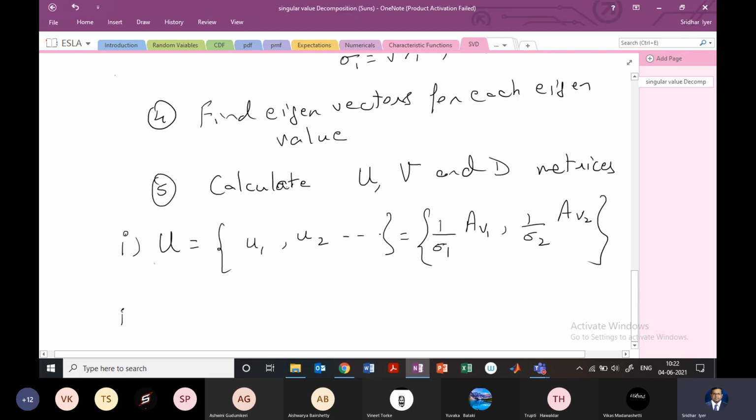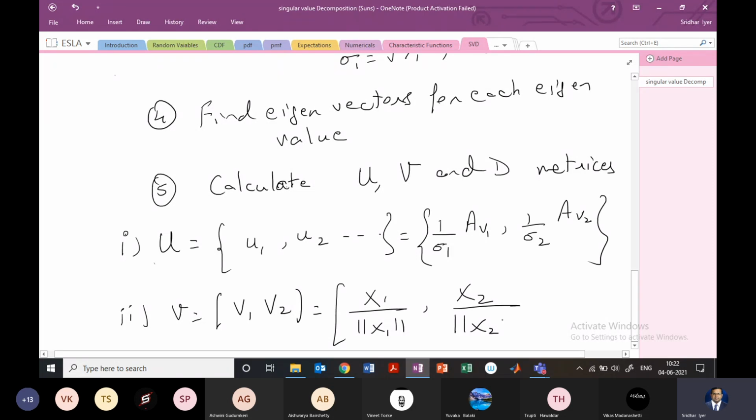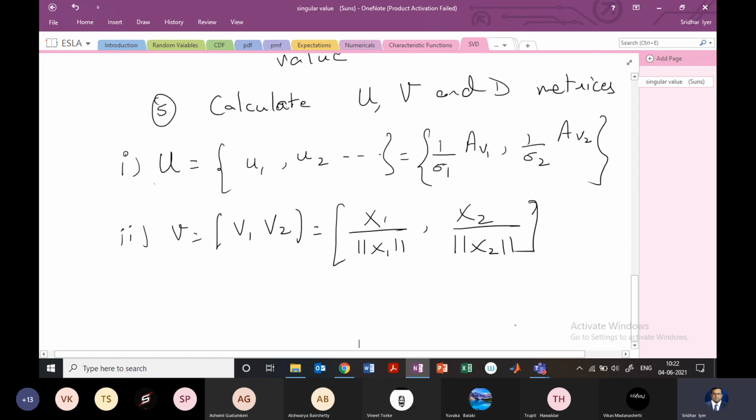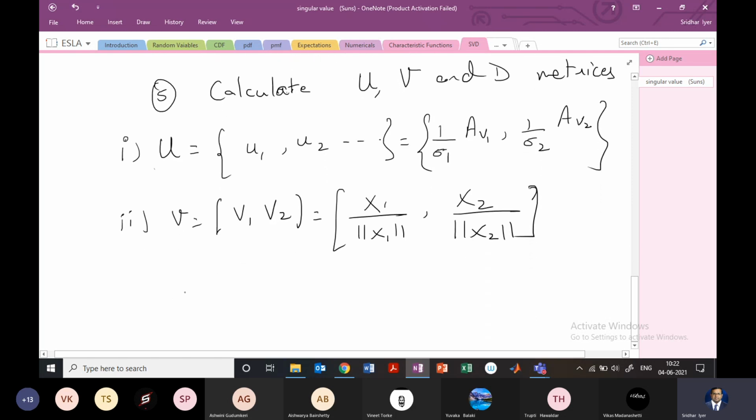Second, find V, which is a vector V1, V2, and this will be of the form x1 divided by modulus x1, x2 divided by modulus x2, where x is the eigenvector. So you'll get the values of V, where, as I told you, x1 and x2 are the eigenvectors, right?